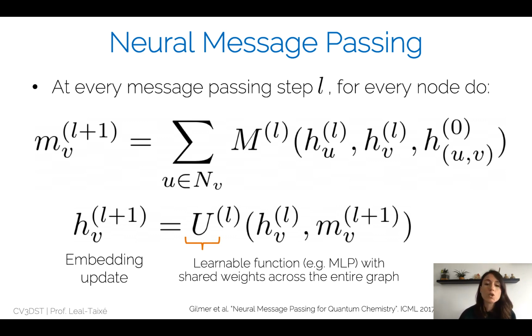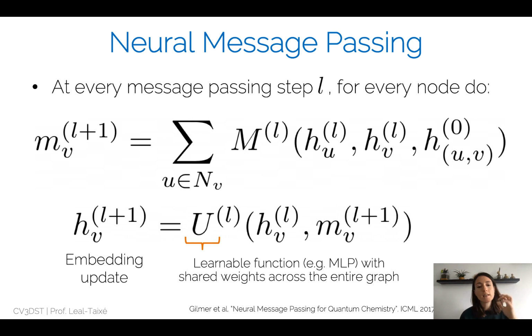And for this, I'm going to take my own embedding at step L. I'm going to take the message, this aggregation of information, and pass it again through a learnable function. And again, it's important to note that this learnable function, first of all, can have any shape, could be, for example, an MLP, could be a convolution, and that it has shared weights across the entire graph. So all of the nodes are going to be processed by the same function U.